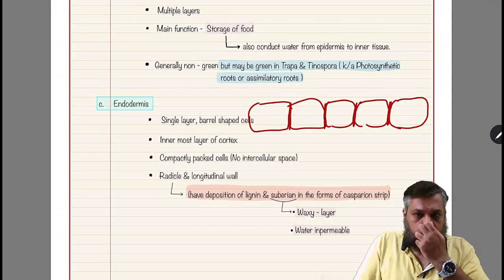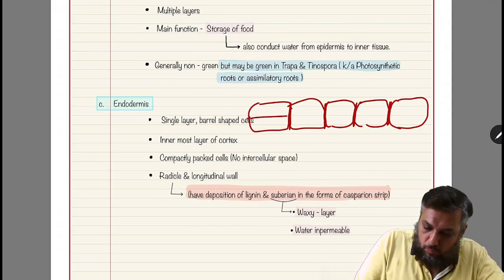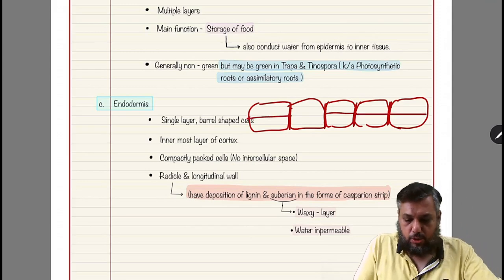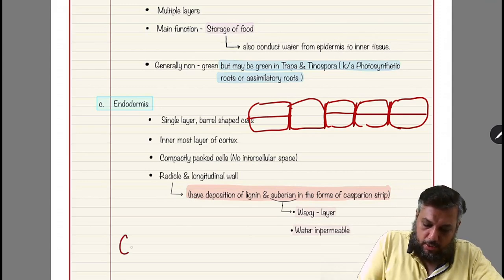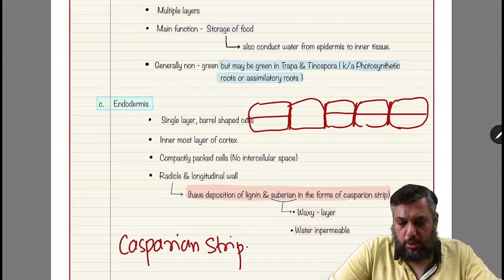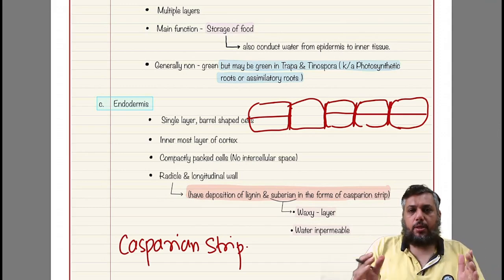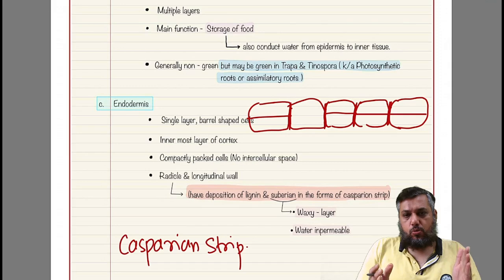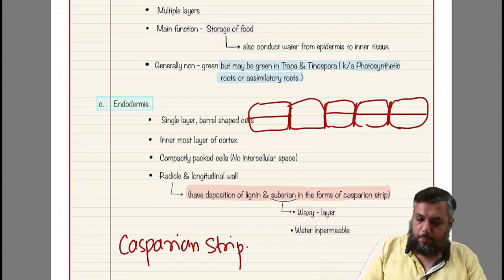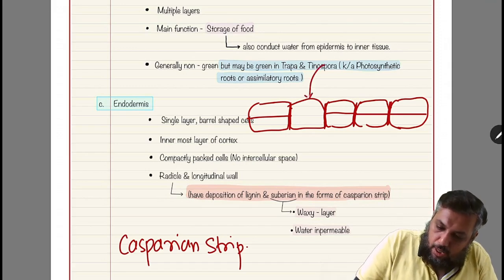Okay, and then gradually it gets deposited on the tangential walls, resulting in the formation of a strip which is called the Casparian strip. And the Casparian strip does not allow the movement of water, except कुछ सेल्स ऐसे होते हैं जिनके रेडियल वॉल पे सुबेरिन है लेकिन टेंजेंशियल वॉल पे सुबेरिन नहीं है. Such cells are called passage cells.